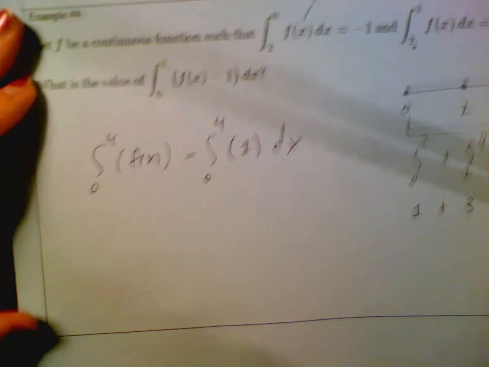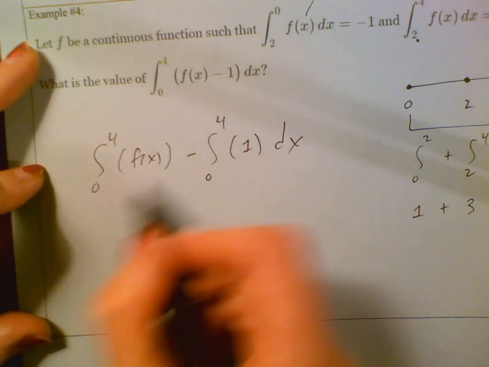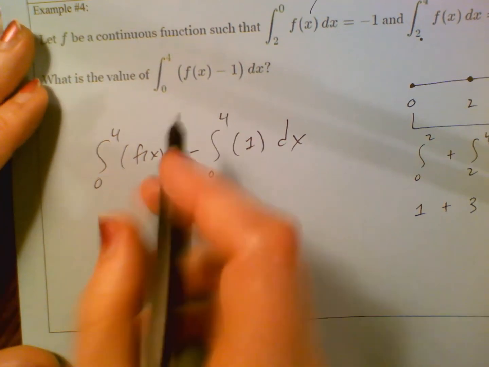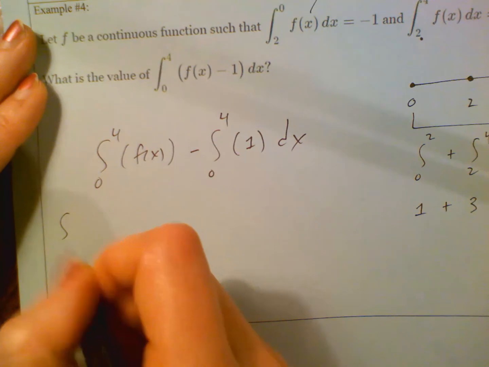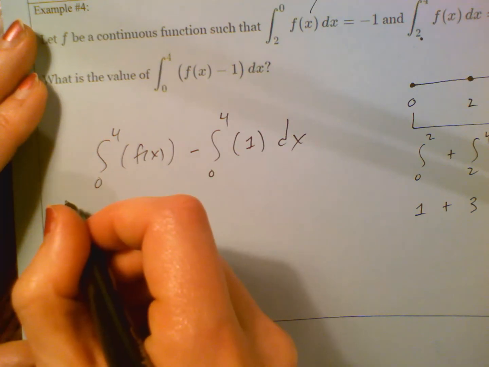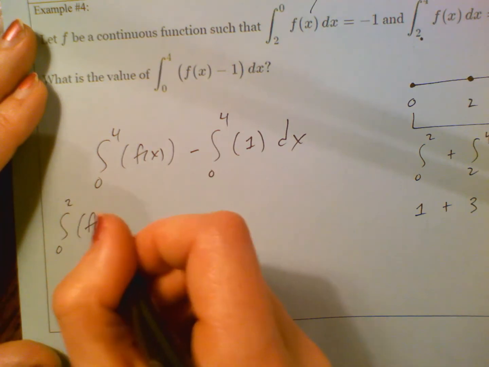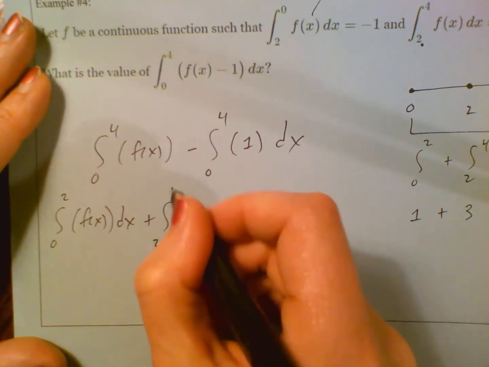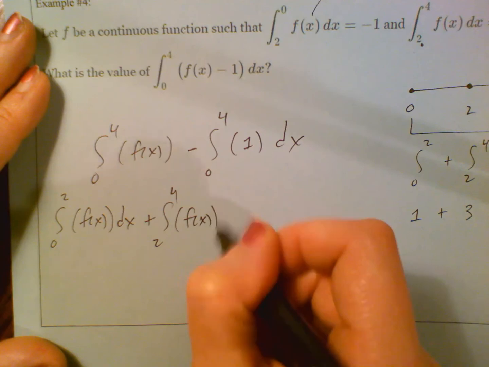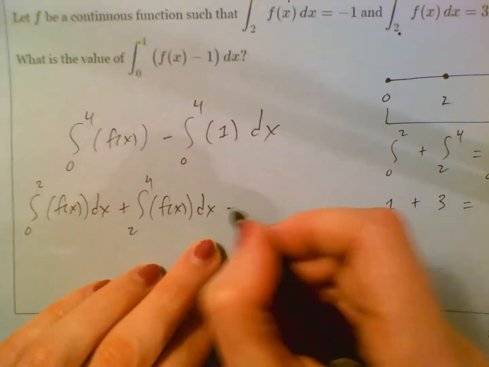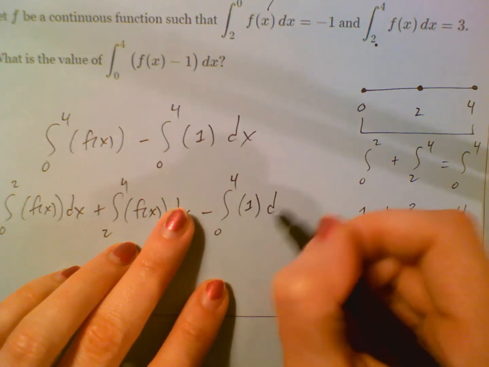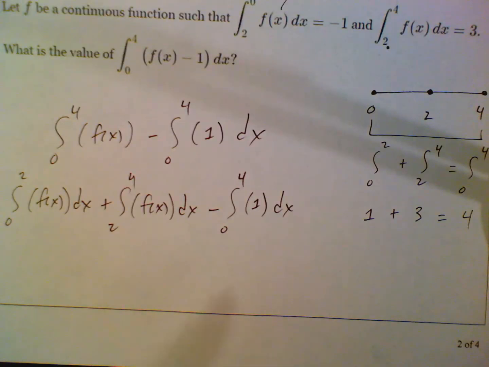So actually, let me just use good notation. I'm sorry. Okay, so from 0 to 2, f of x dx plus from 2 to 4. Yeah, because your test is going to be free response, so we should have really good notation.